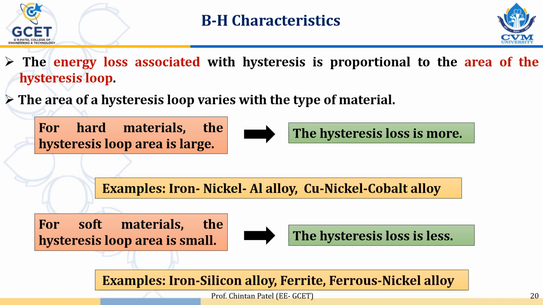The examples of soft materials are iron, silicon alloy, ferrite, ferrous nickel alloy, and so on. So to design an electrical machine core, it is obvious that we have to select a material with a small amount of hysteresis loss, and for that we need to select soft materials like iron, silicon alloy, ferrite, ferrous nickel.